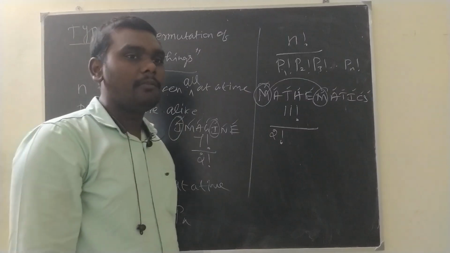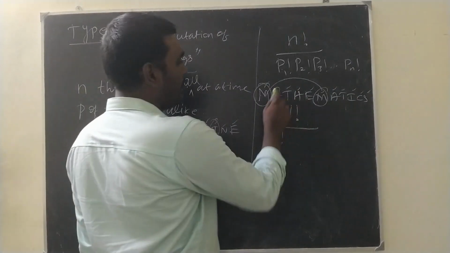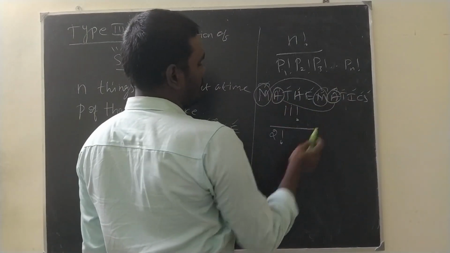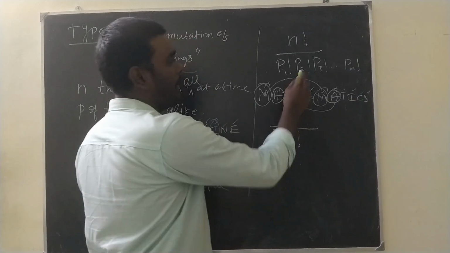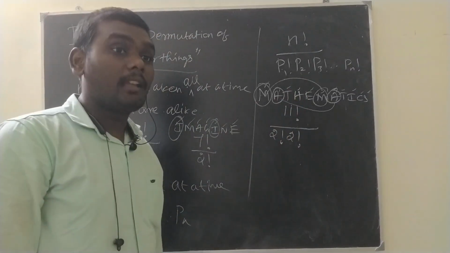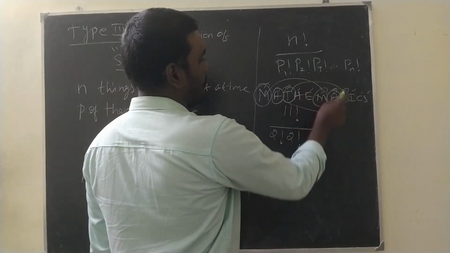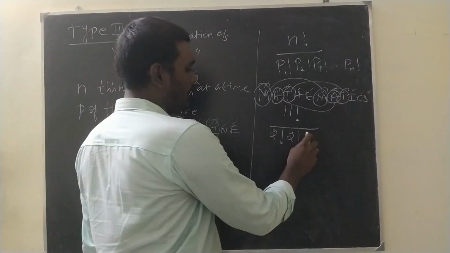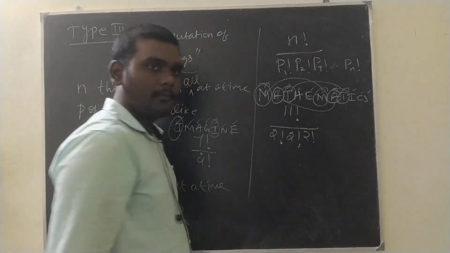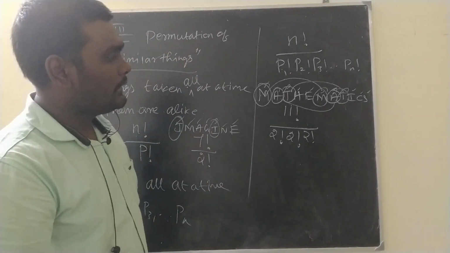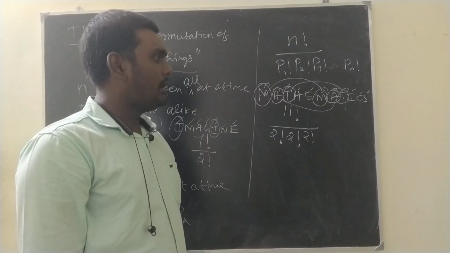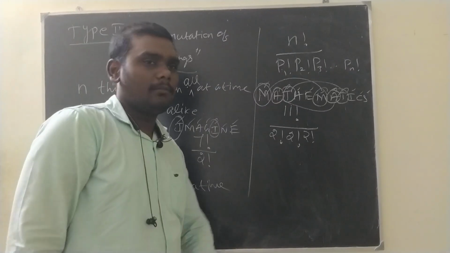P1 things are alike of first kind. A is repeating 2 times, for that 2 factorial. P2 things are alike of second kind. And then T, P3 things are alike of third kind. I is not repeating. This is the total number of permutations.